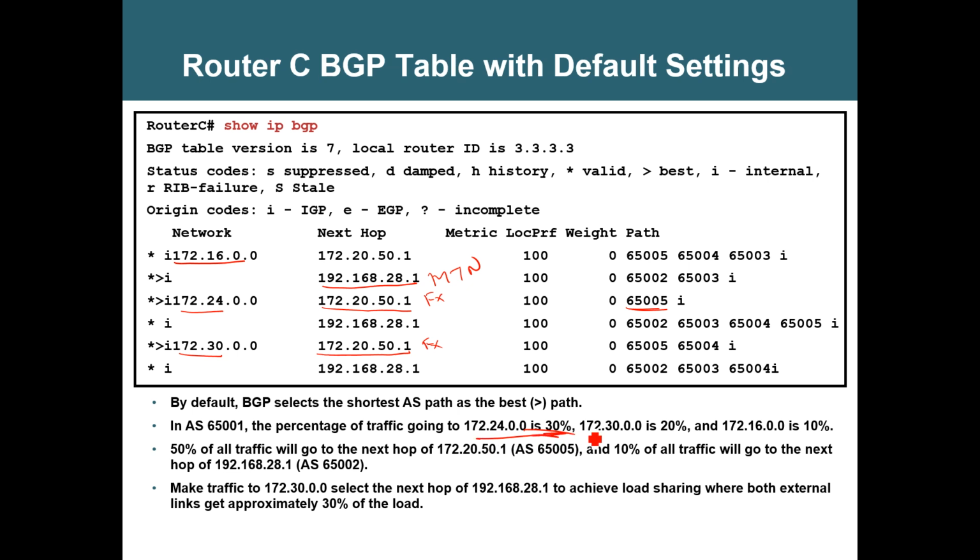And this is the discussion we have made. After a study, they understood 30 plus 20 is going via French X, which is 50%.